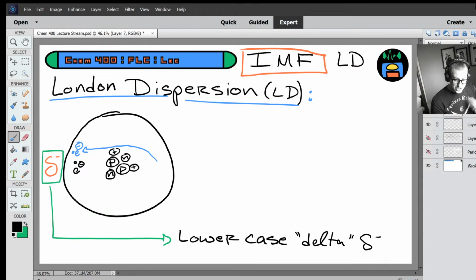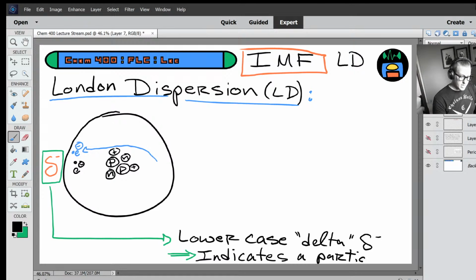It is used to indicate what we call a partial charge, not a full-blown minus or a full-blown positive, but a partial charge.